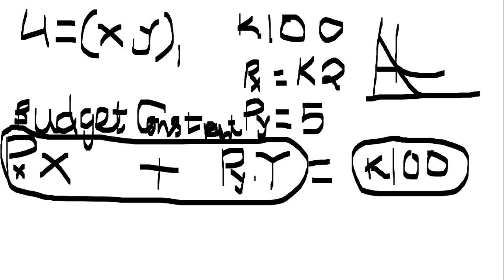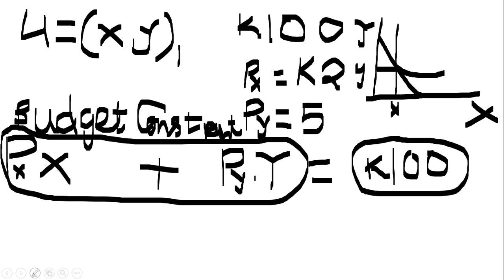Therefore, we just need to find the units of good Y and X that will maximize our utility, given that we only have this 100 kwacha. So this is the goal of constraint optimization.